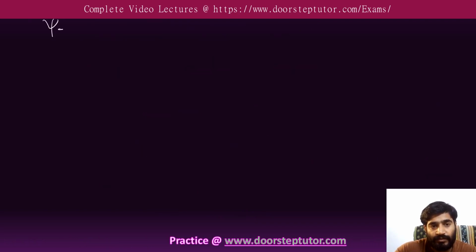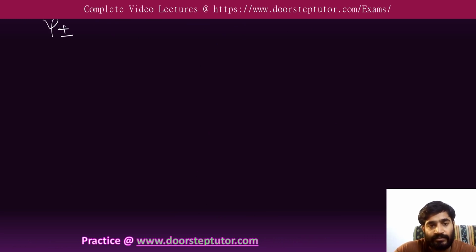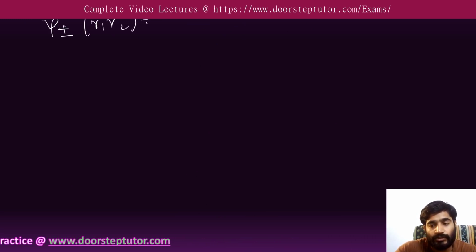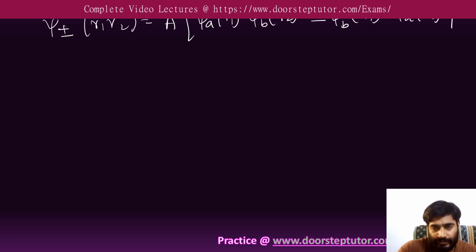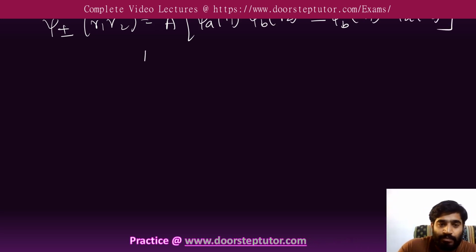So we define the particle state for r1 r2 as A times psi a of r1 psi b of r2 plus or minus psi b of r1 psi a of r2. Here, what is the plus sign denotation?